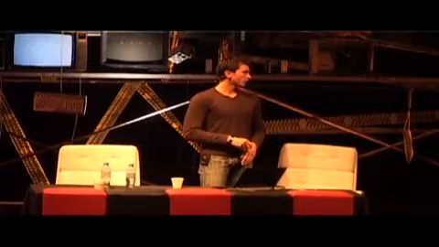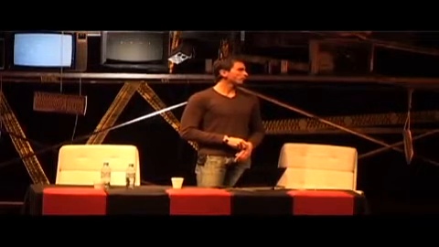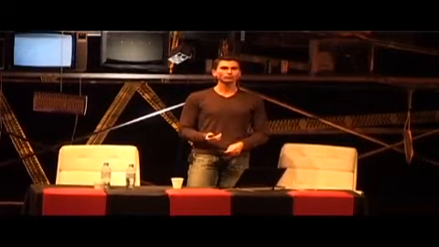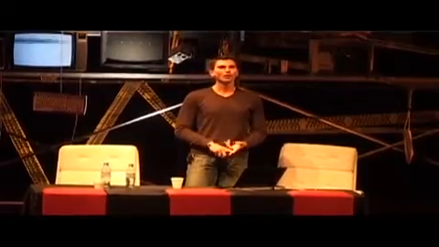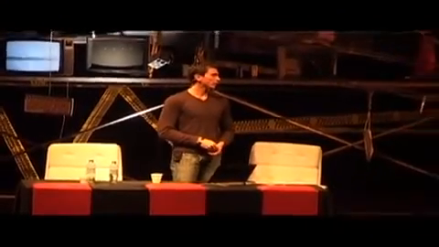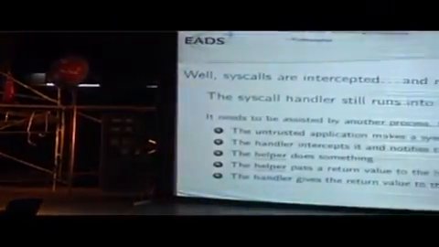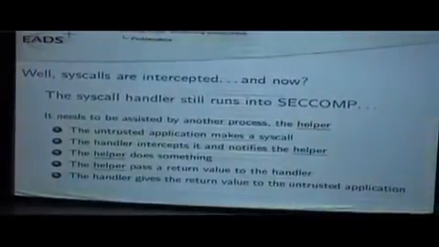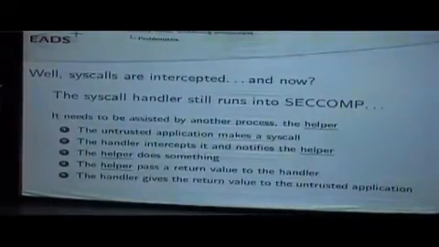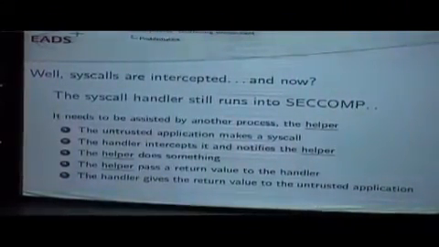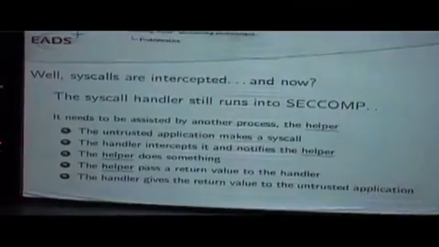So the helper passes a return value to the handler, either an error or the true return value of the system call, and then the handler just gives the return value to the untrusted application. So from the untrusted application's point of view, it was transparent. It doesn't know if there is a sandbox involved or not.